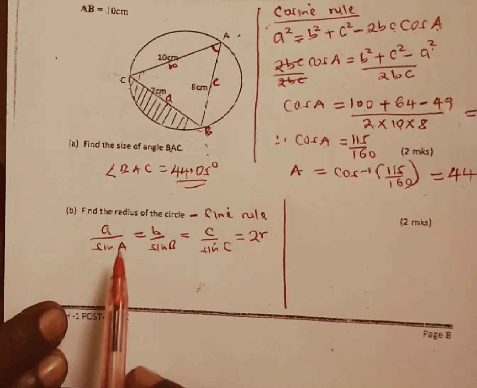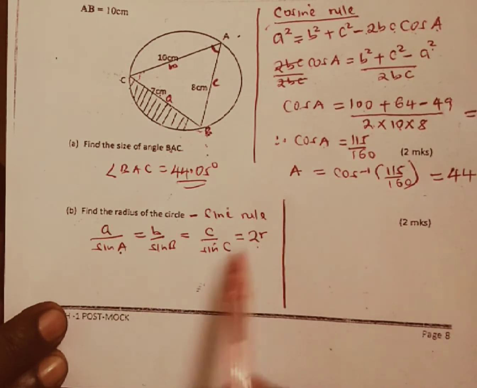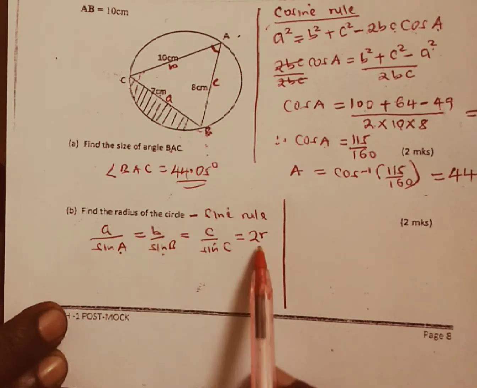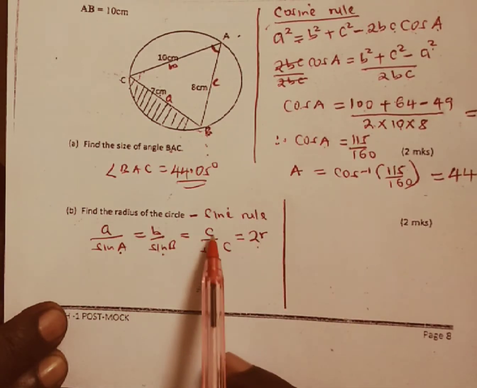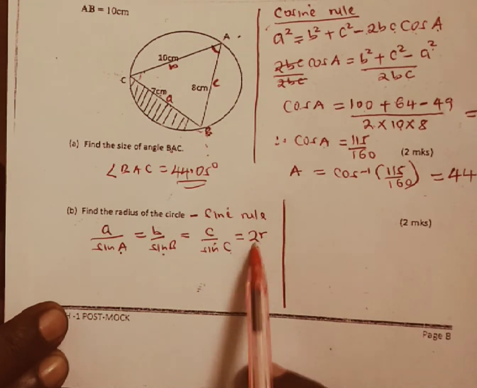So we can take A over sine A equal to twice the radius, or B over sine B, or C over sine C.